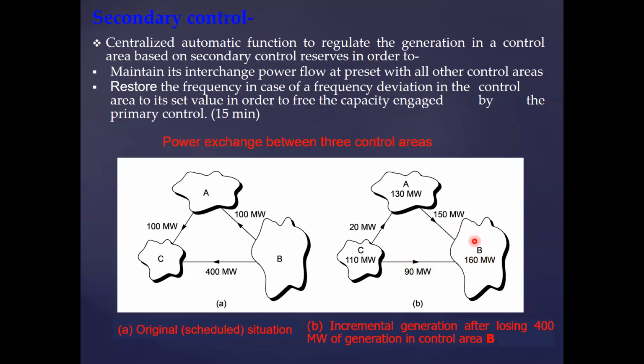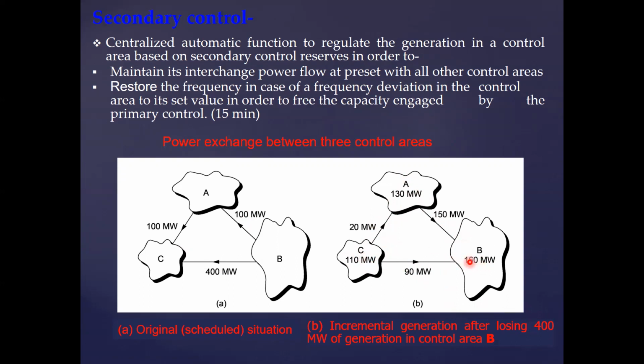And then it is all towards the control area B here. So then again, that means in the interconnected system, whenever you have some contingency, here you have the loss of generation, but it could also be a change in the load, in area A, area B, or C. It could be either an increase or a decrease in the load.